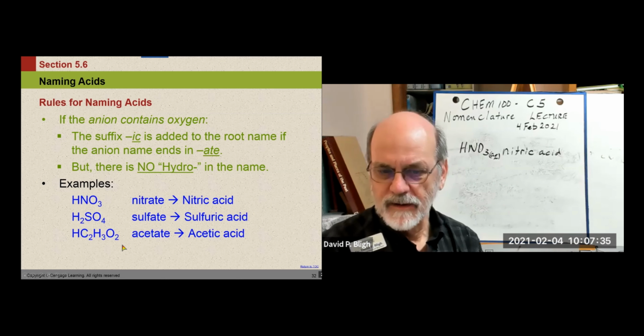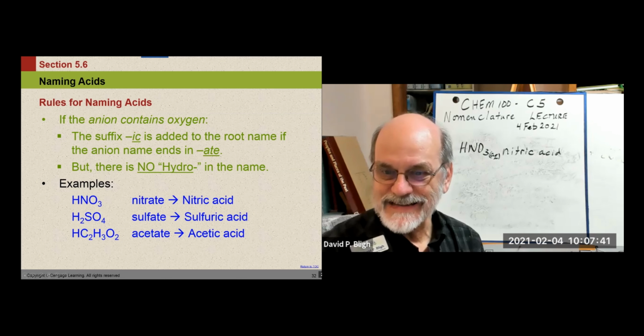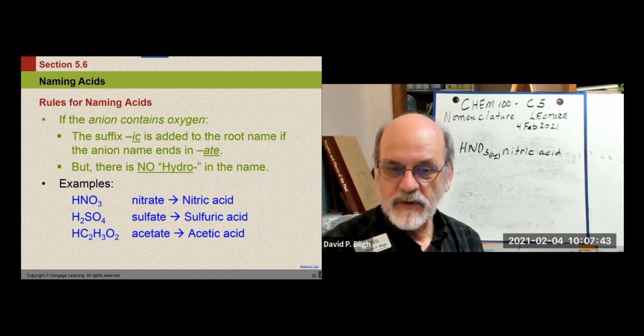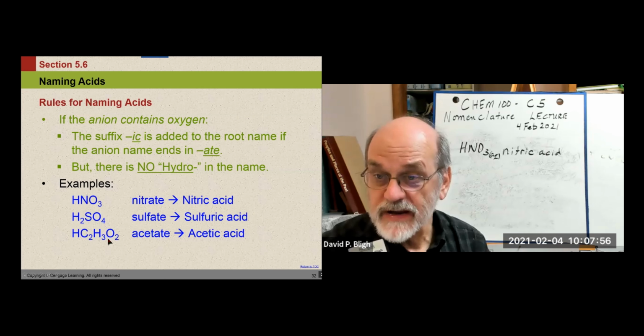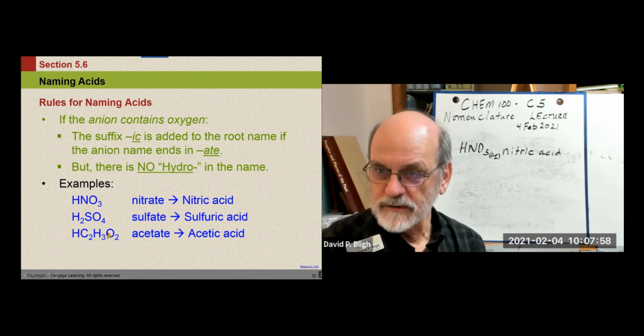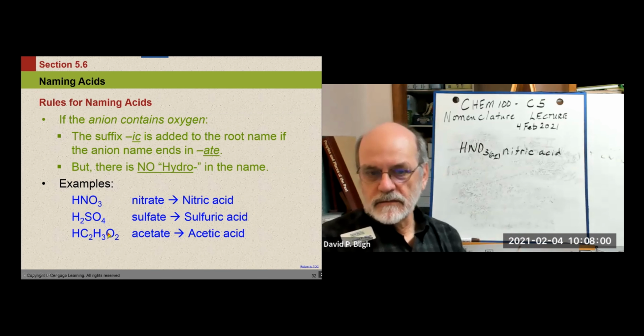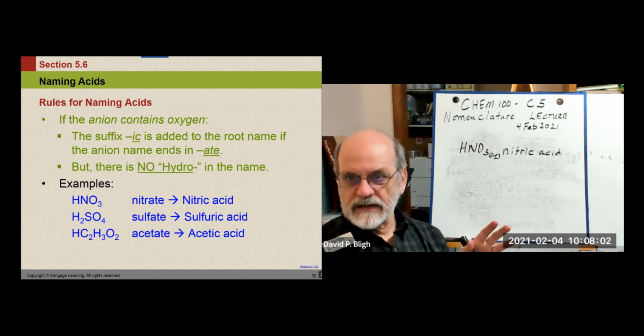How about this one? Here's a polyatomic, C2H3O2. That's the acetate ion. And we change the ATE to IC, it becomes acetic acid. Notice that the first element is hydrogen, but you've also got hydrogens over here. So what are those hydrogens doing? They're stuck. They cannot leave the molecule. They cannot leave the compound.